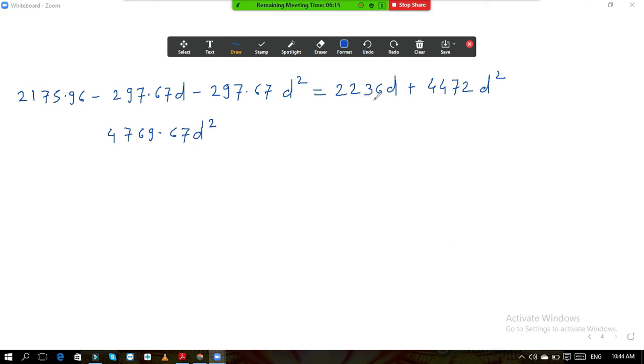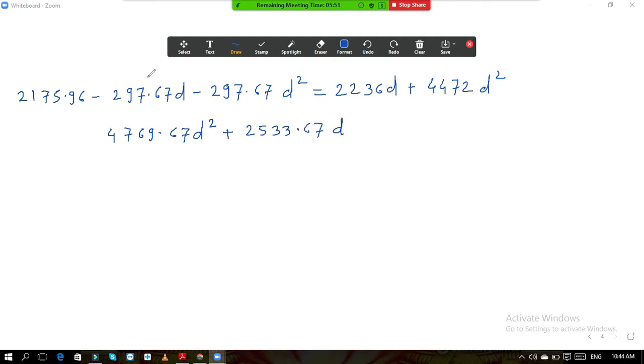Again, this is 2236d, and transfer this term of d to the right hand side. Then 2236 plus 297.67, so it is 2533.67 d. Please do check the values.